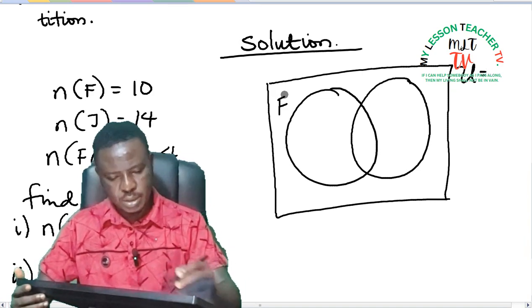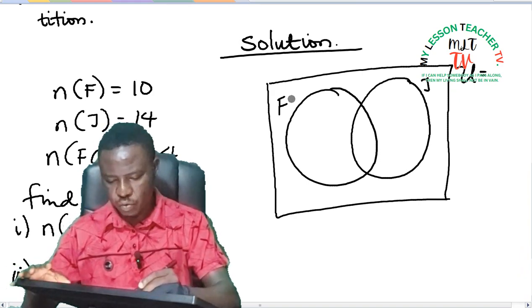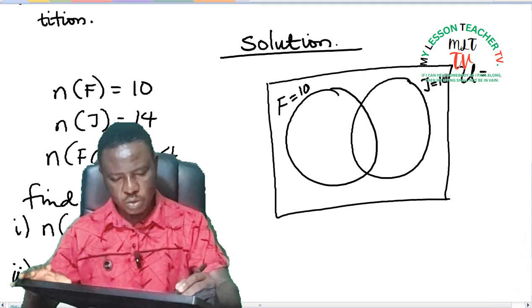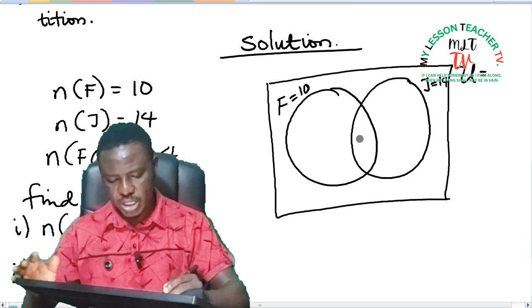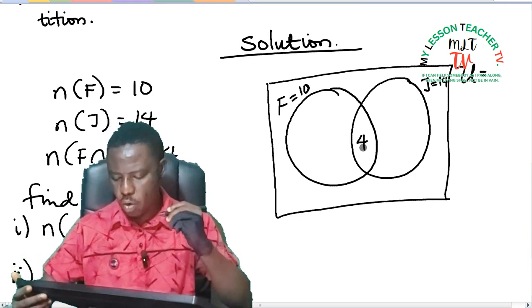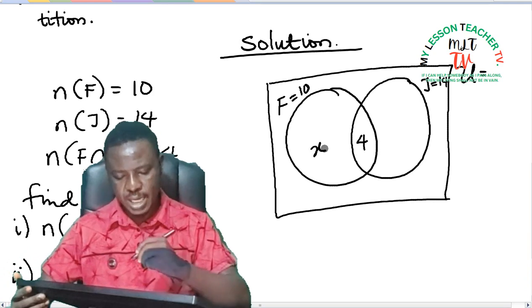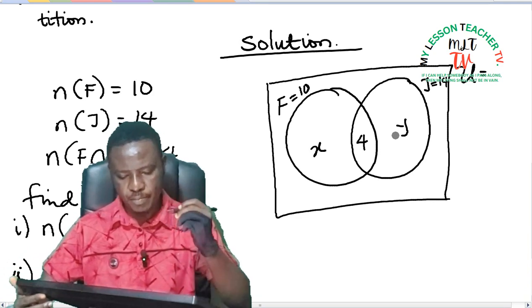This is Fuji. This is jazz. We are told that n of Fuji is given to be 10. n of jazz is 14. Then those that dance Fuji and jazz are said to be 4. We are asked to find Fuji alone, which we said is x, and jazz alone, which we said is y.